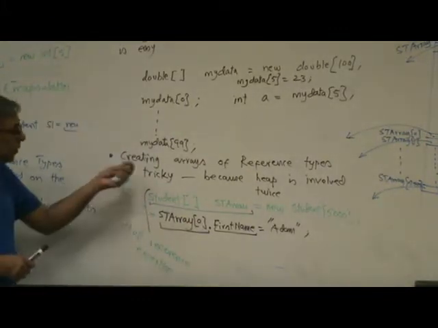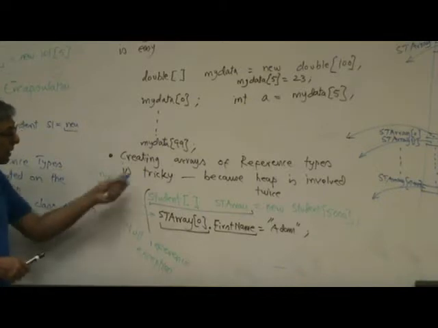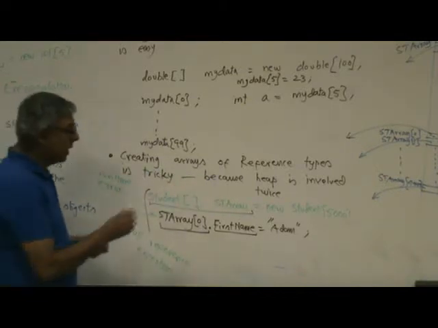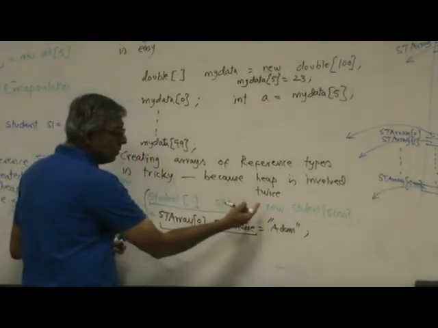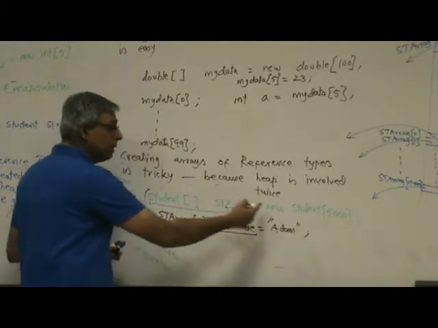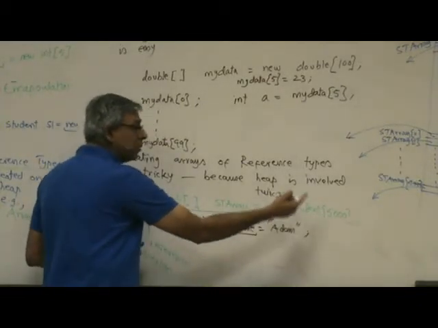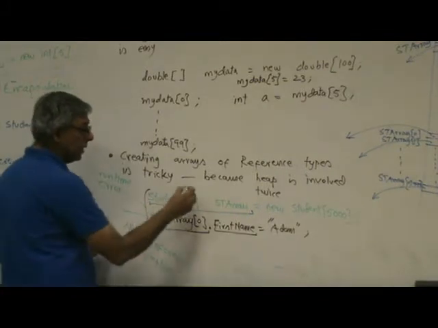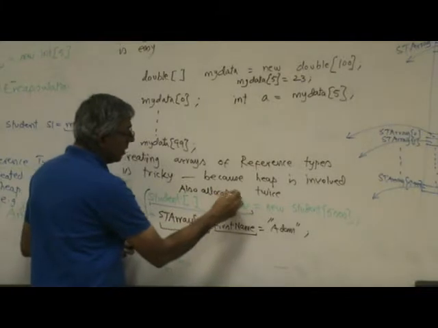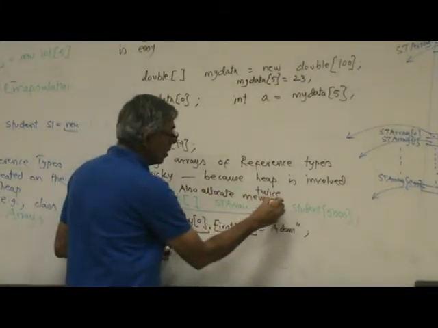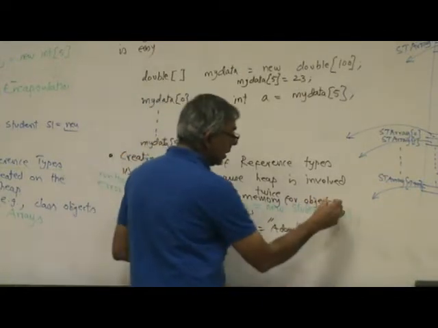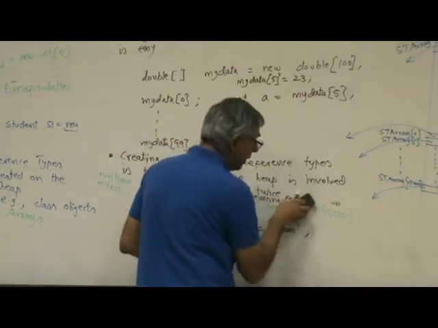Okay, so creating an array of reference types is tricky, and like I said, because the heap is involved twice, that means we have to allocate not only the memory for the array, but we also have to allocate the memory for the object inside the array. So we need to also allocate memory for each object in the array.